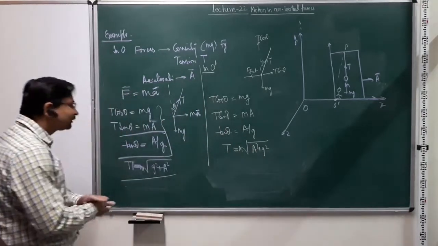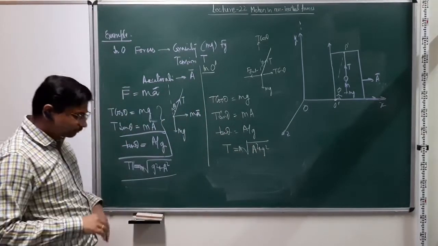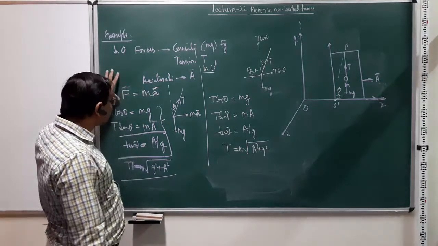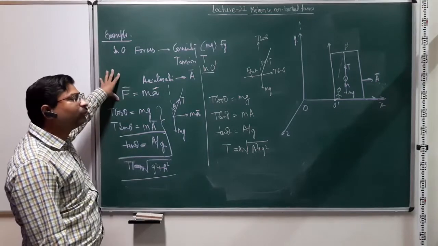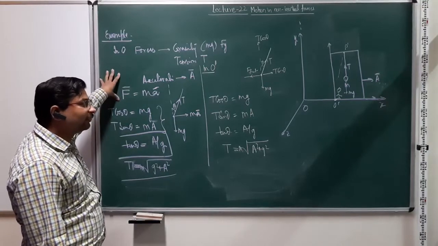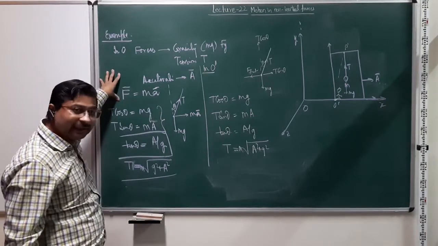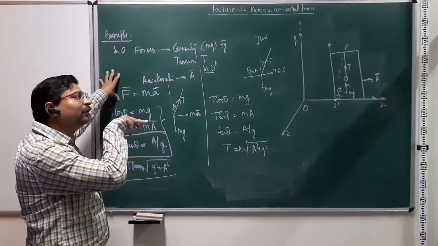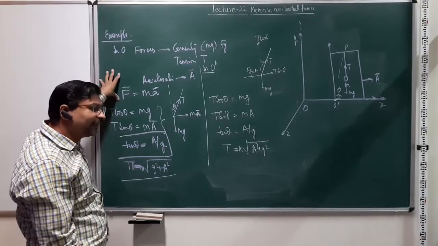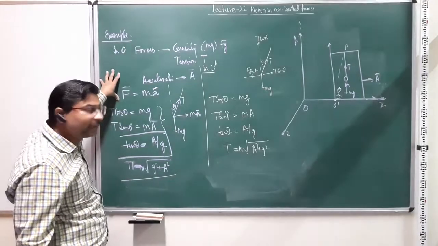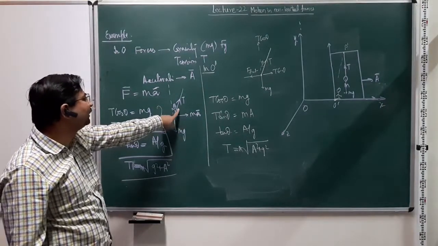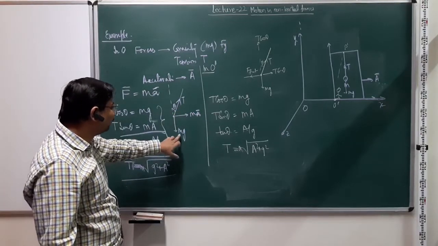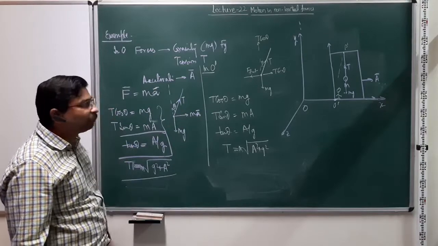However, the only difference that will arise is in the interpretation of these results. The person sitting at ground, not moving with the container, will say that there's only the force of gravity acting, pulling it downwards, but since the pendulum itself is being accelerated in the positive x direction, the resultant force in the spring, the resultant tension, is the sum of vector mg and vector ma and points in this direction.